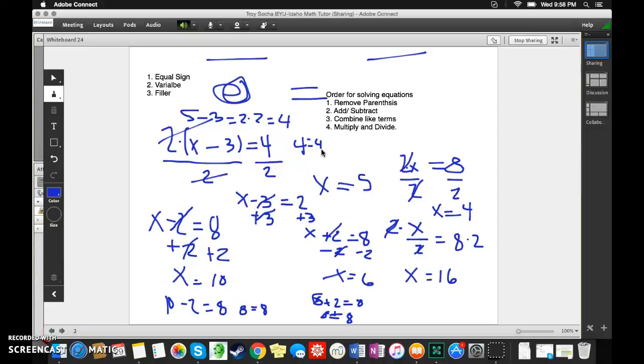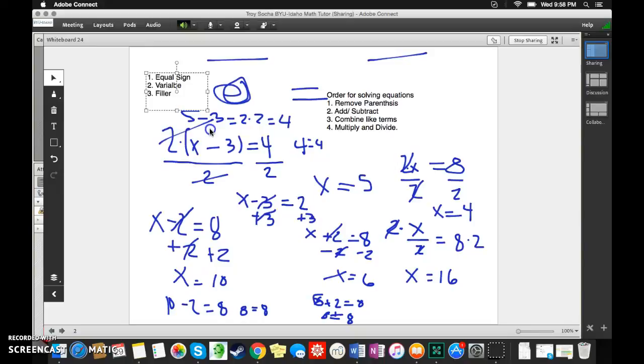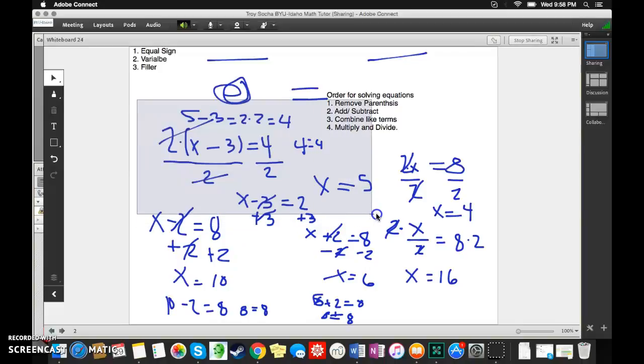So again, an equation has an equal sign, a variable, and filler. There's a couple of different basic operations we can do to change an equation and to make it look like what we want, to solve, if you will, for x. So, real quick, running down those operations again, we have addition.